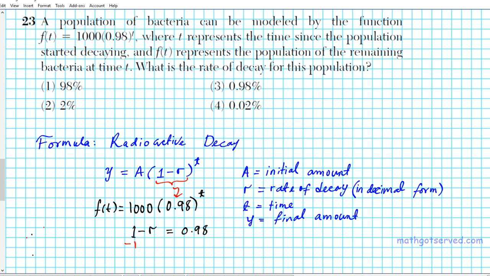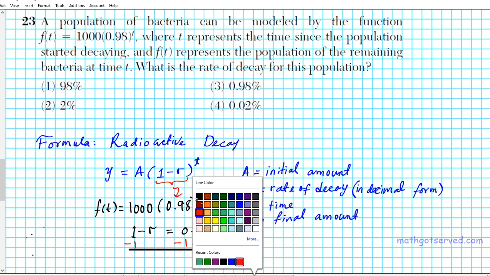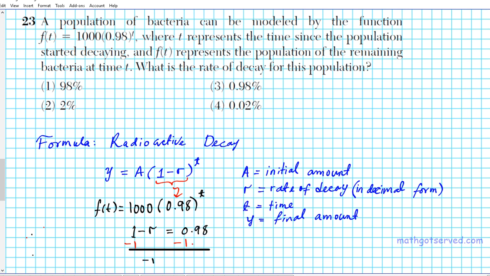Let's do it. Subtract 1 from both sides. If we do that, we are going to get negative r equals 0.98 minus 1. You could do that with your calculator. Subtract and keep the sign of the bigger one, 0.02. So we still have a negative here.